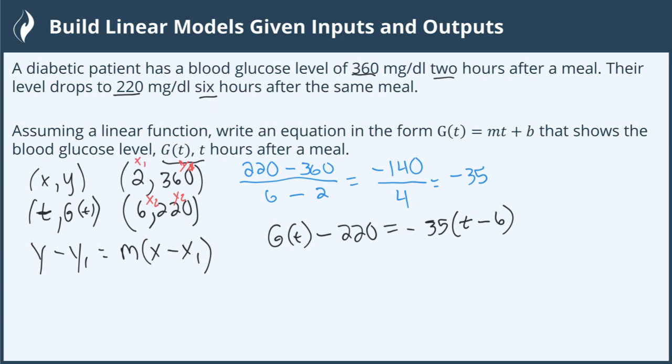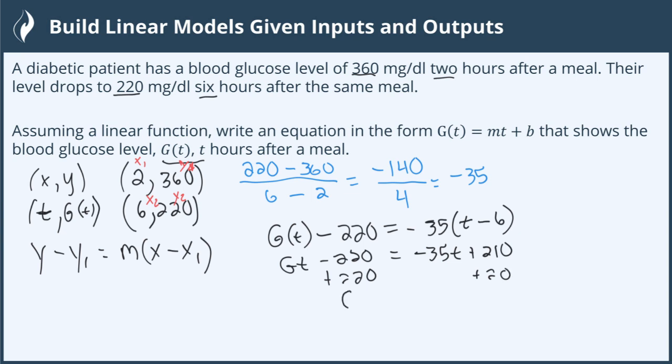And so then we're going to work that out. The first thing I'm going to do is distribute this. So a negative 35t plus, because the negatives cancel out, 35 times 6, and that becomes 210.